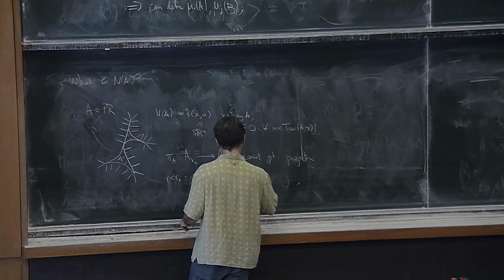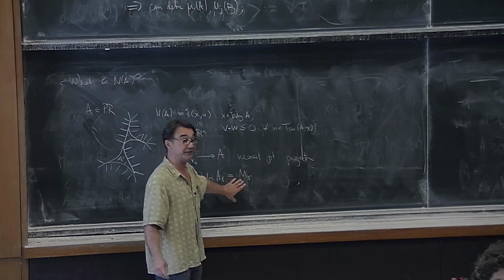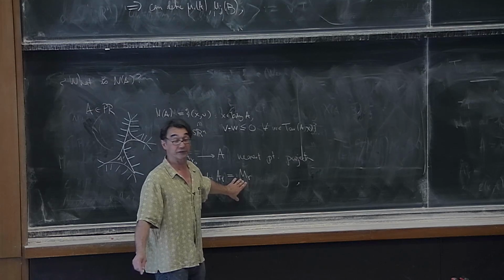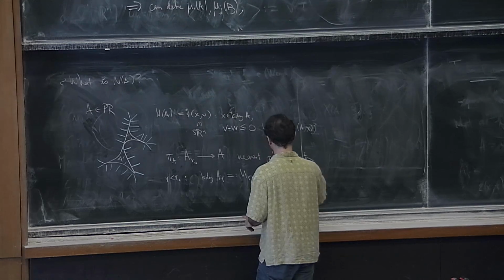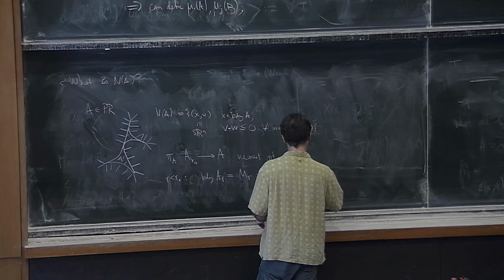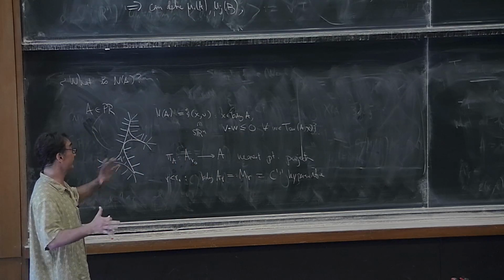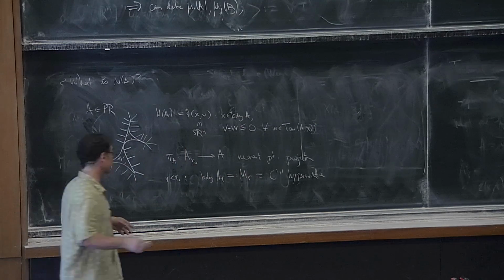Let's call it M_r. This is actually, as it turns out, a nice C^{1,1} hypersurface. If R^n is oriented, it's oriented, and I can think of it as a current.